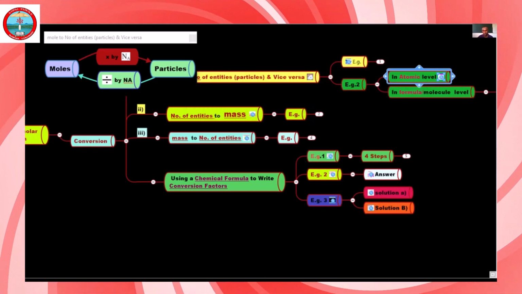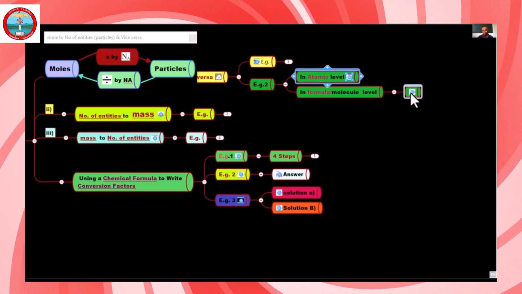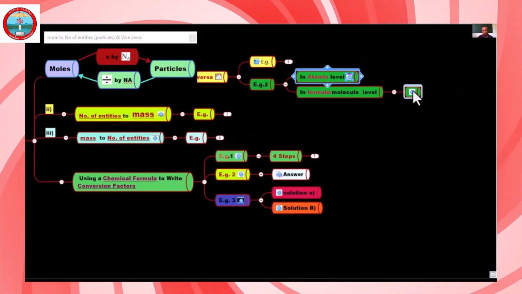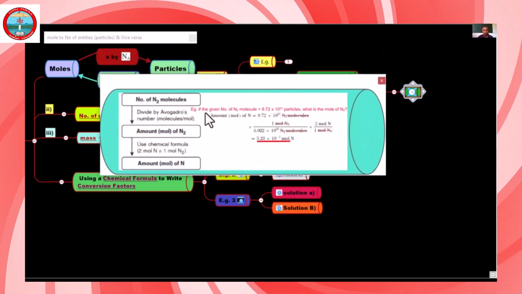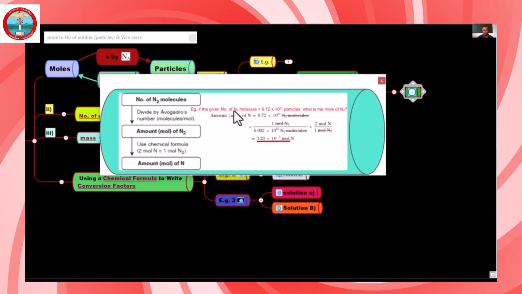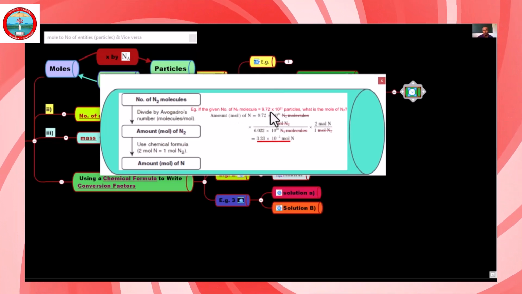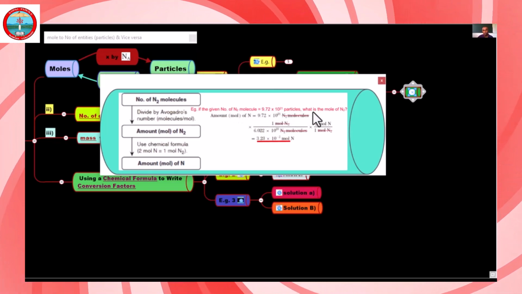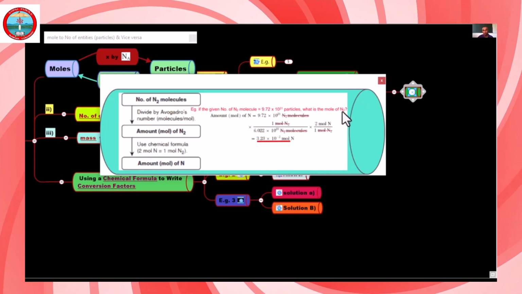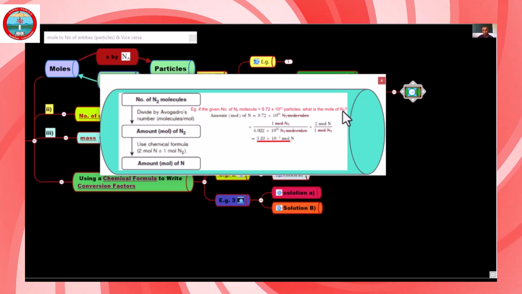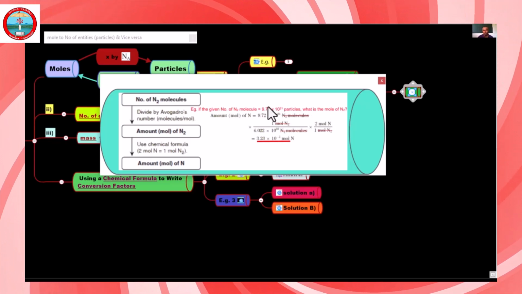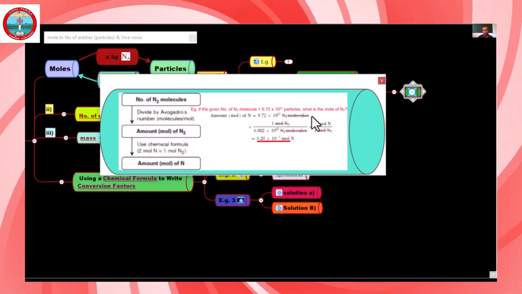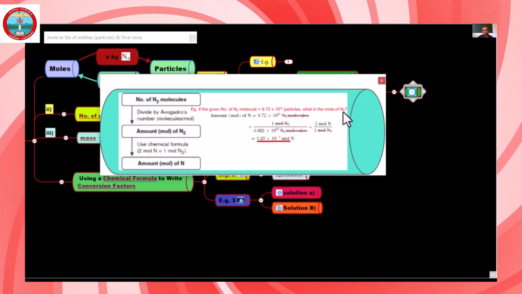Another example is in terms of the molecule or formula. It says that if the given number of nitrogen molecules is this amount of particles, what is the mole of nitrogen, not N2, nitrogen atom? You are asked to change this amount of particles into the mole of nitrogen atom, not nitrogen molecule.